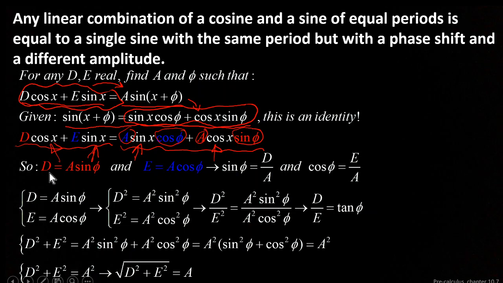Now, if d equals to a sine phi and e equals to a cosine phi, then if you square both sides, d squared equals to a squared sine squared phi, and e squared equals to a squared cosine squared phi. And if you divide these two equations, the a squareds go away, sine squared over cosine squared, which is tangent squared, equals to d squared over e squared. So d over e is tangent phi.